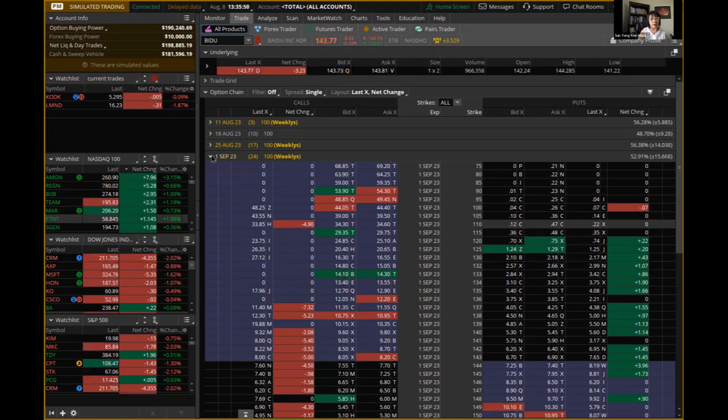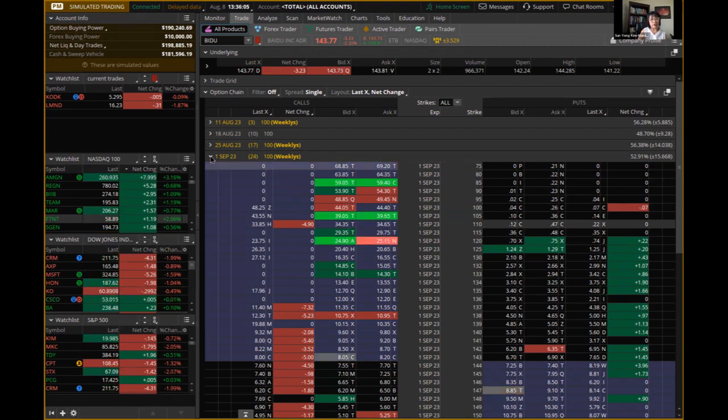It doesn't mean that I'm going to close it in 24 days. I'm just going to hold these options longer than just 10 days. So I choose 24. This means the days till expiring. I'm going to choose September 1st right there.